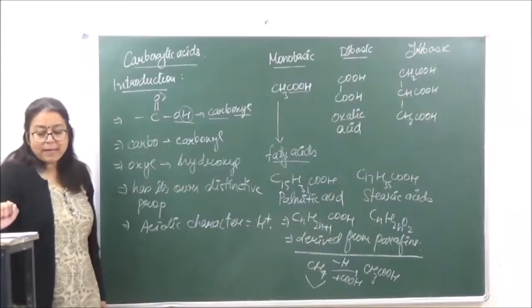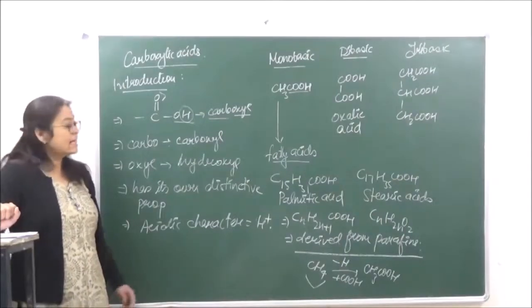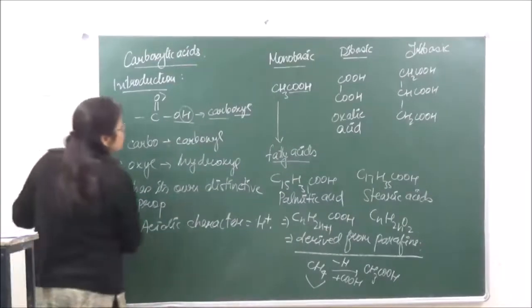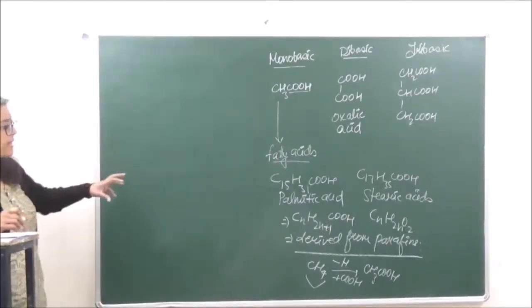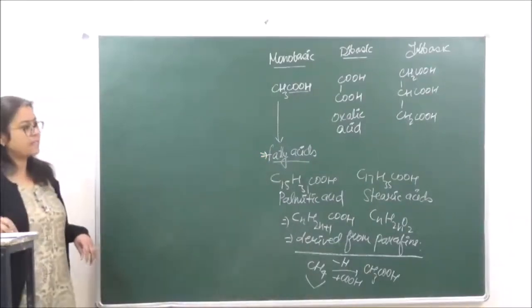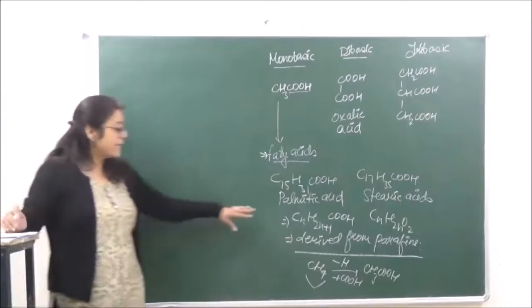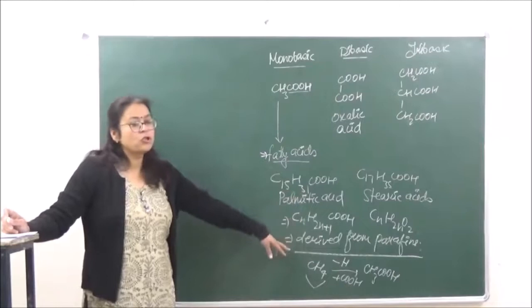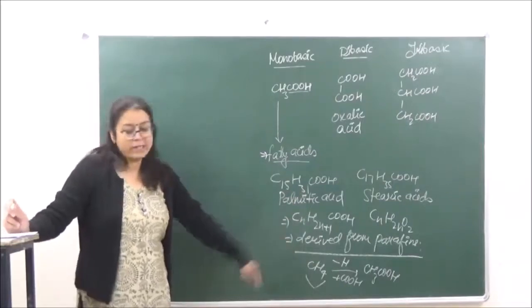In a similar manner, monocarboxylic acids can also be obtained from the oxidation of the CH3 group. Okay, so first of all, what we said is that they are derivatives which we get from the fats, therefore they are known as fatty acids. Second, we are saying that they may be derived from paraffins by the substitution of one of the hydrogens by the COOH group.